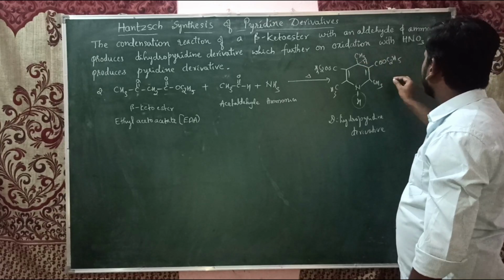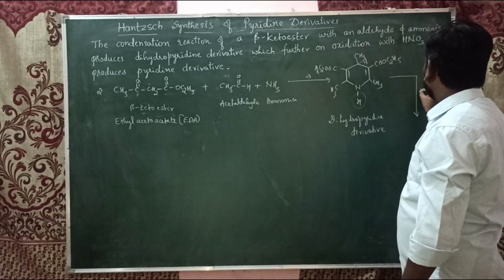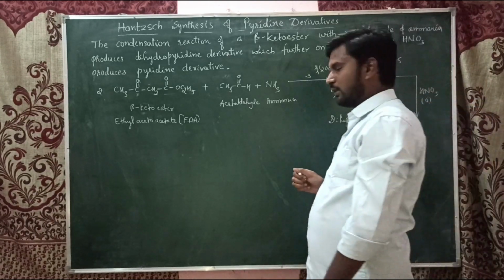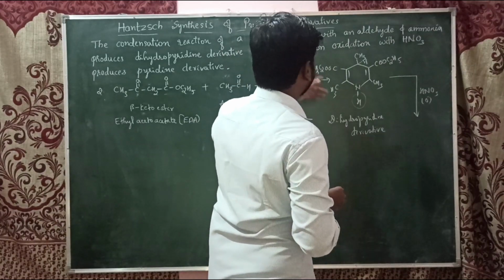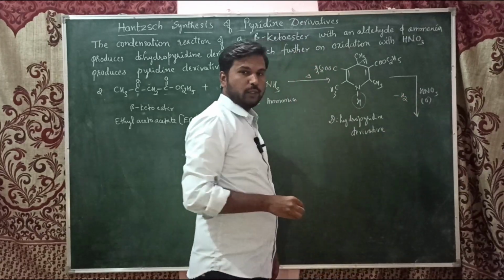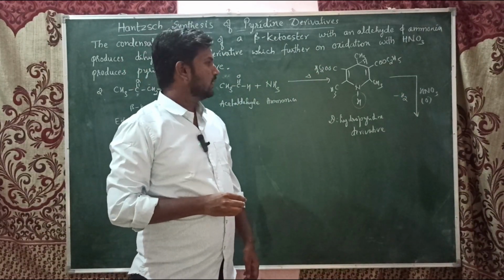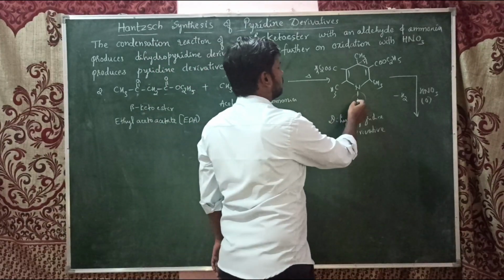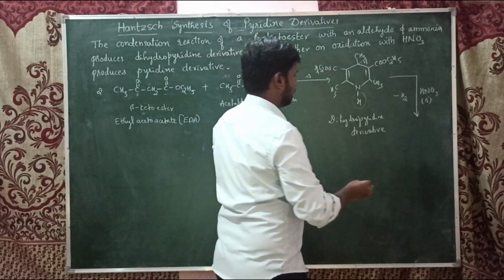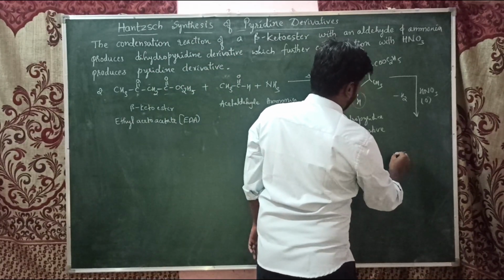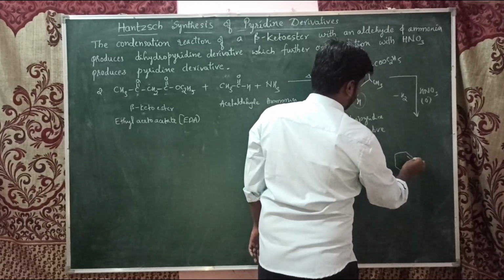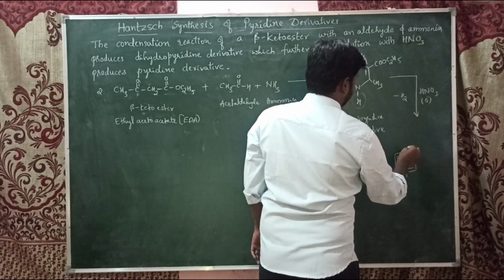So as usual, it further undergoes oxidation with HNO3. So now it will produce a pyridine derivative. Here there is removal of H2, dehydrogenation. Dehydrogenation is also known as oxidation. So removing this hydrogen and this hydrogen will give us a pyridine derivative. So this will be the pyridine derivative, CH3.